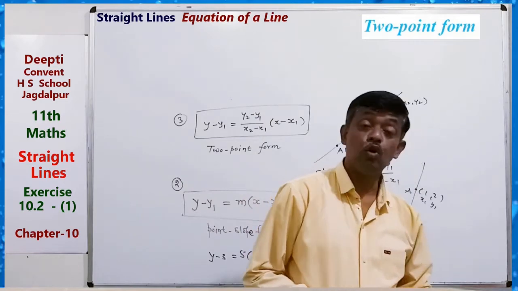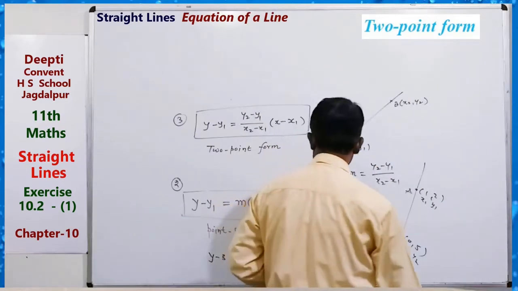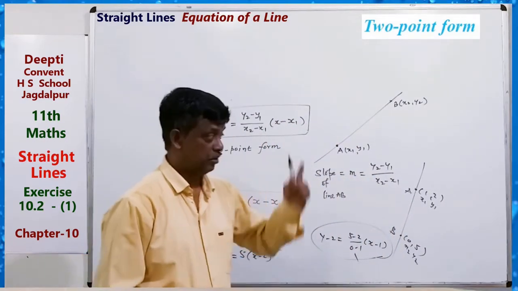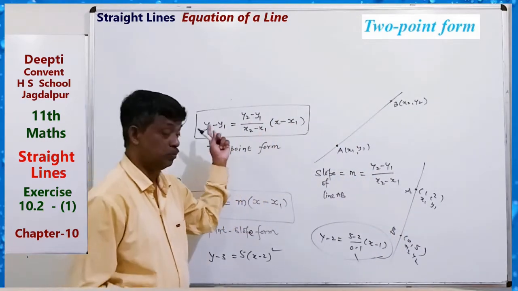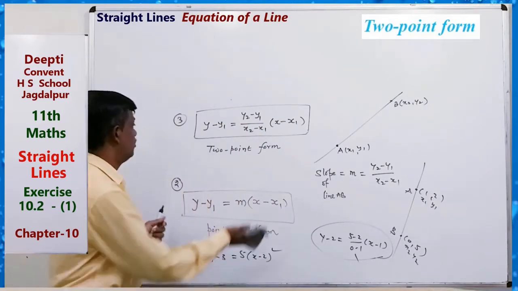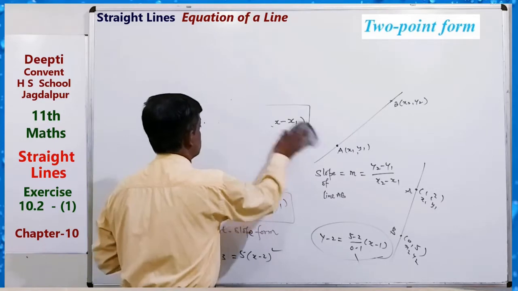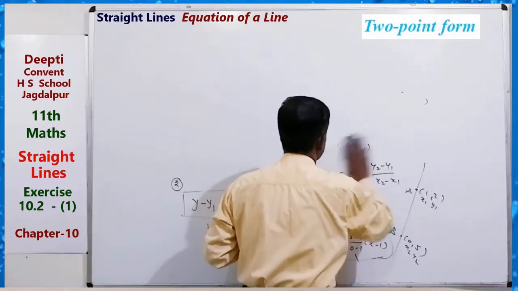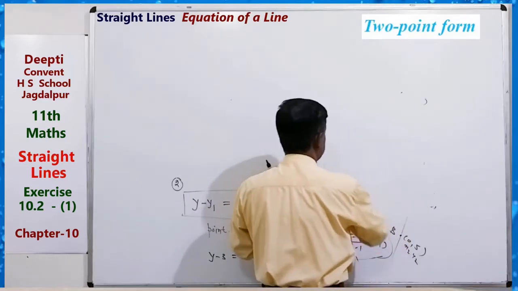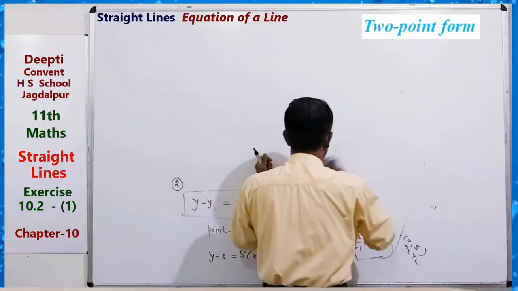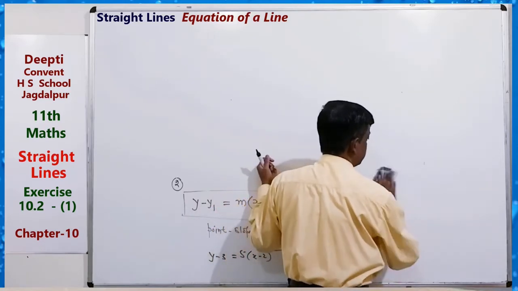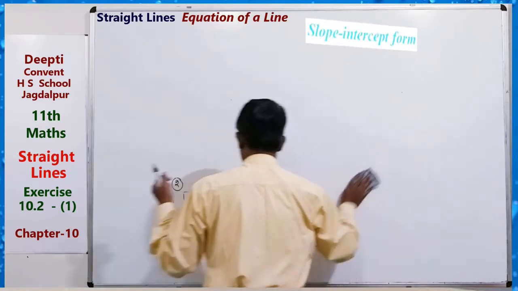Now slope intercept form, because two things should be given. In two-point form, two points are given. In point slope form, a point and slope are given. Now in slope intercept form, suppose we are given the line's intercepts on the x-axis or on the y-axis.